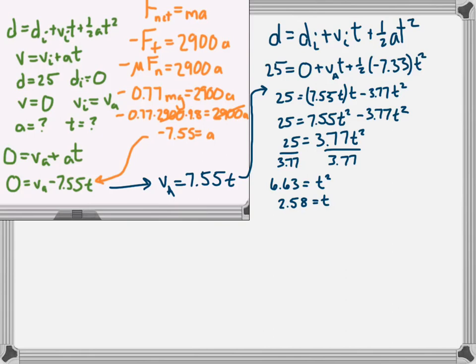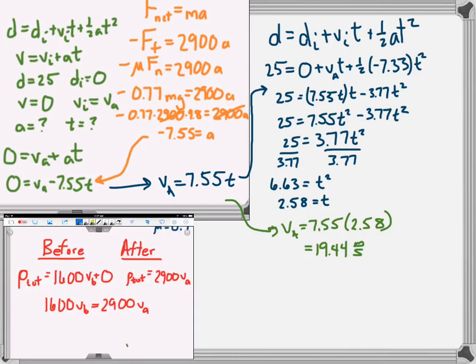Now that I know the time that took them to skid to a stop, let's plug the time back in here to find out what their velocity was when they started skidding. And when I do that, the velocity just after the collision is 19.44 meters per second. But I want to find the velocity before the collision, v sub b.